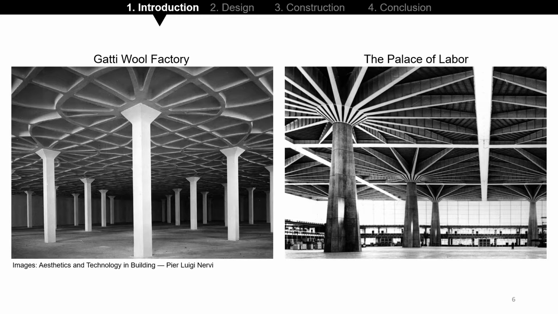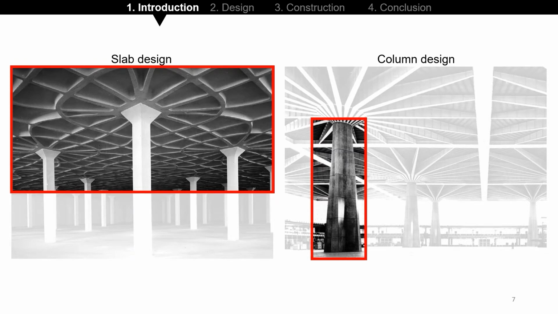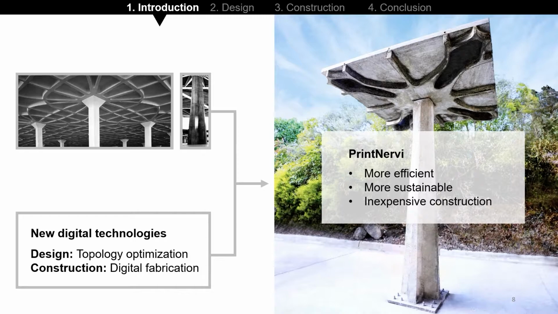To this end, we believe that using the latest digital technologies and new materials can lead to an improved version of Nervi's system. Our starting point was actually inspired by Nervi's slab and column designs, as highlighted on the screen. Here, we utilize new digital technologies to create an improved version of Nervi's system. We call it PrintNervi.